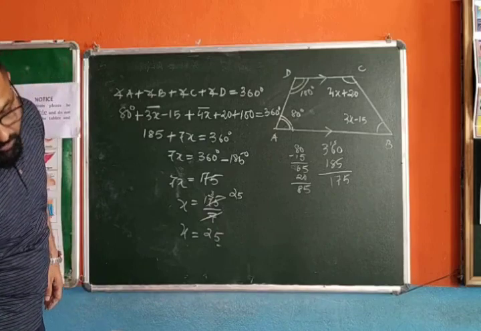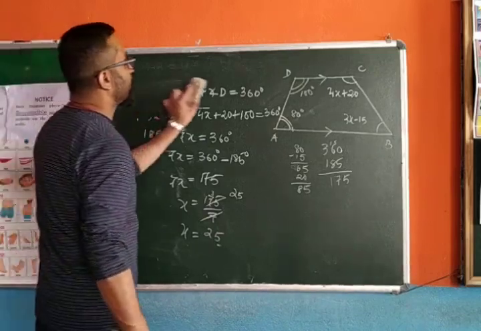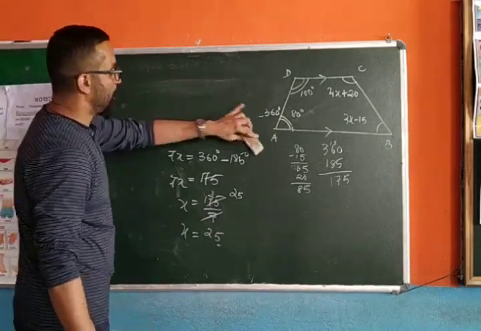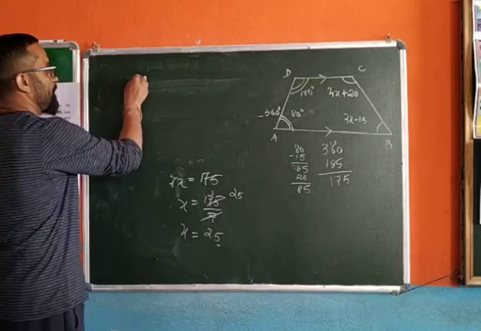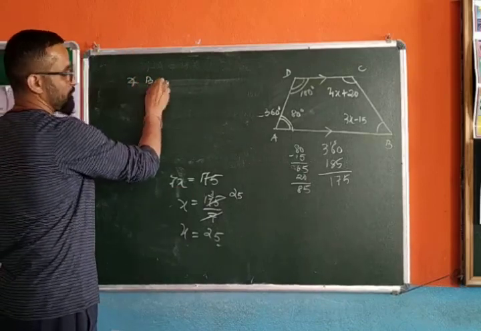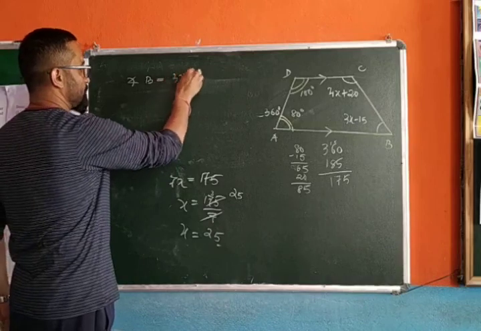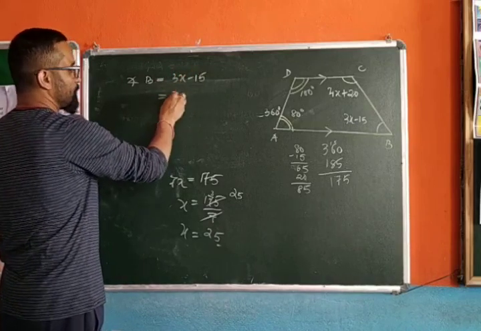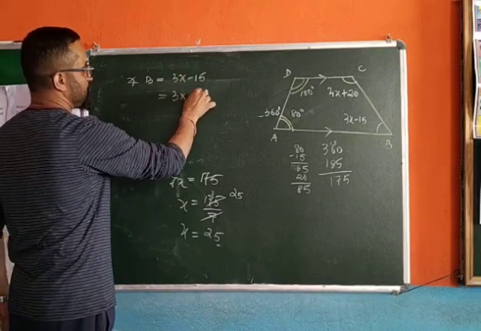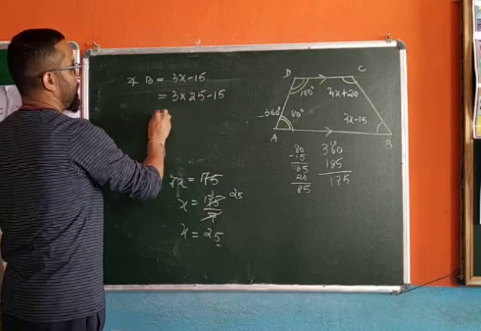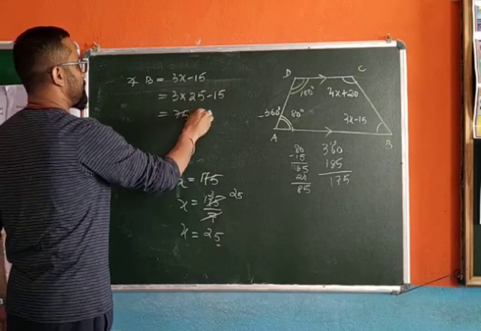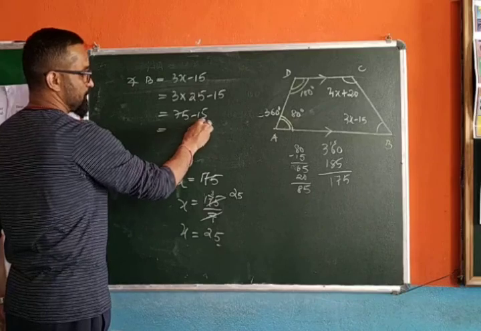We know the value of x. Now we can calculate the other two unknown angles. Angle B is 3x minus 15. 3 into 25 minus 15. 75 minus 15. Subtract, 60 degree.